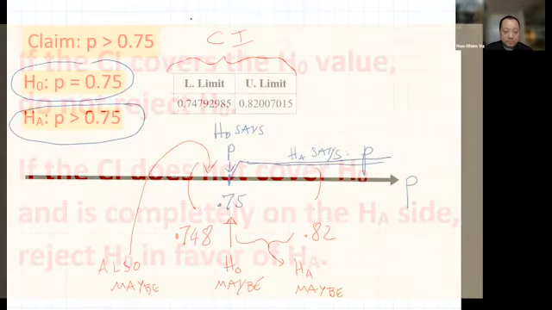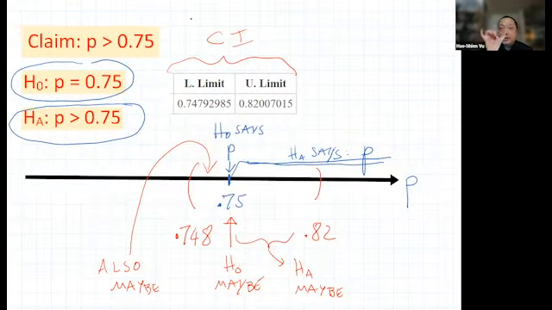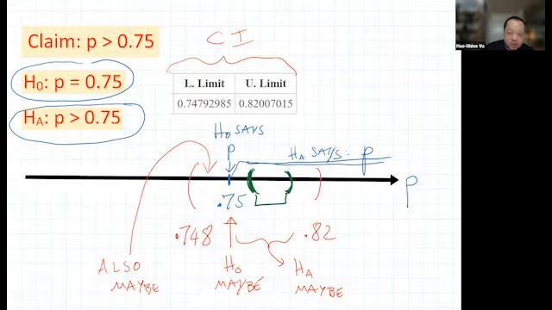But how big the confidence interval is depends on the confidence level. If we reduce the confidence level, then the confidence interval also gets smaller, and maybe it got so small, it actually skips over the value in H naught and stays completely on the HA side of things, in which case with a new confidence level, maybe we would reject H naught.